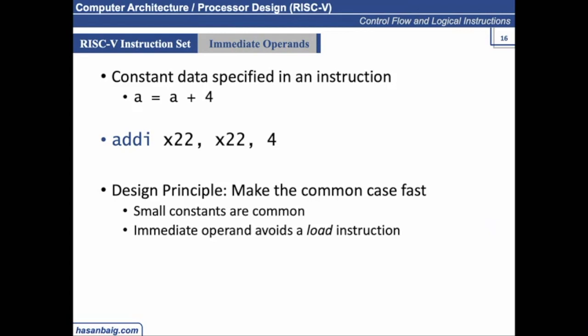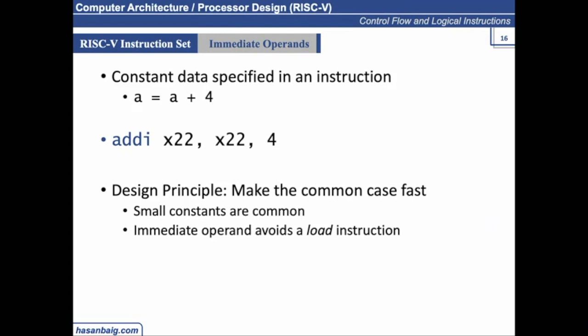What this instruction will do is go to x22, grab the value, let's say it contains the value 10, and then increment it by 4, which will make 14, and then update the same value into the same location, x22. Now x22 will be 14, and next time this instruction is executed, it will be 14 plus 4. Okay?